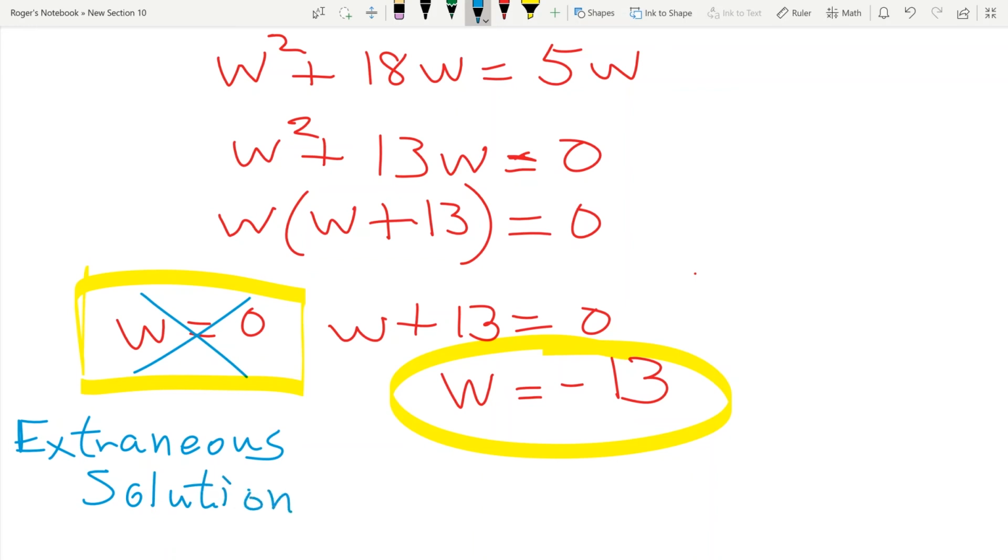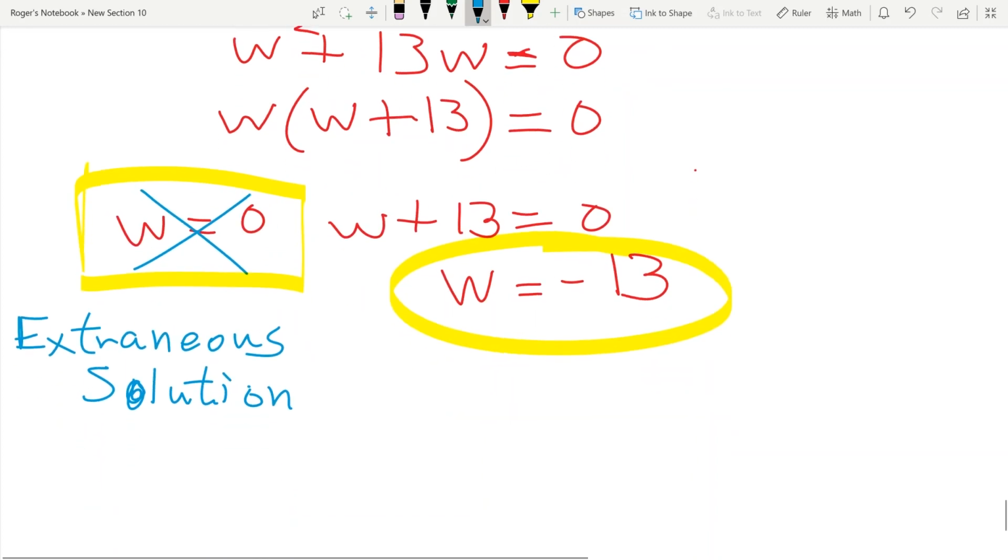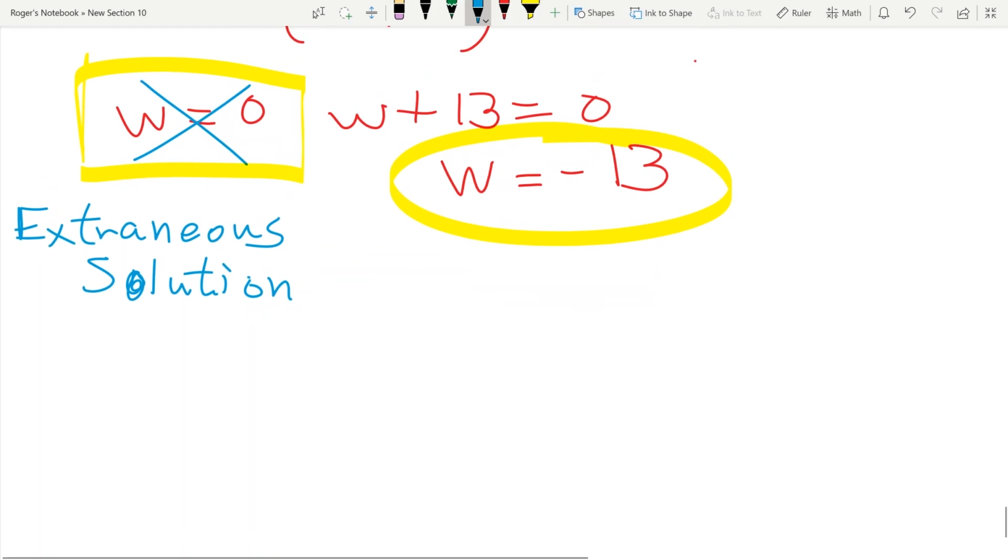An extraneous solution is a solution that's not allowed. It's an extra solution that gives 0 in the denominator. So this is excluded from the domain. W cannot be equal to 0, and it's called an extraneous solution. Okay, now back to what we were headed for, our next example.